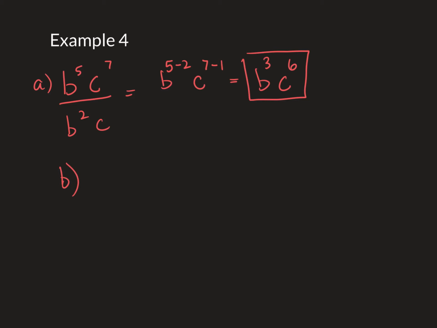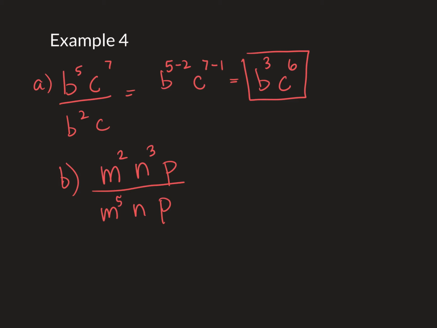So you could have m squared n cubed p divided by m to the fifth n p. So let's see what happens. Where is my exponent for my m the largest? In the denominator.